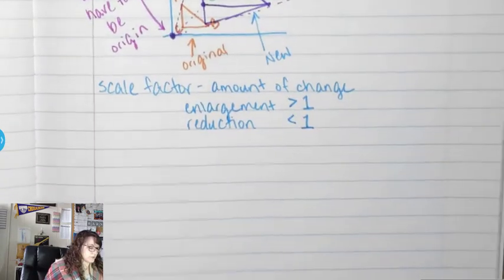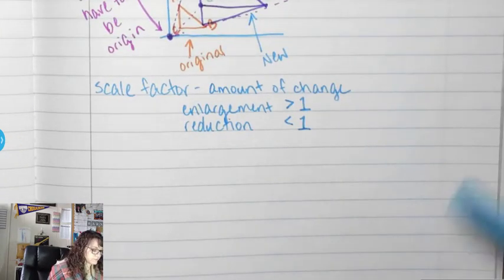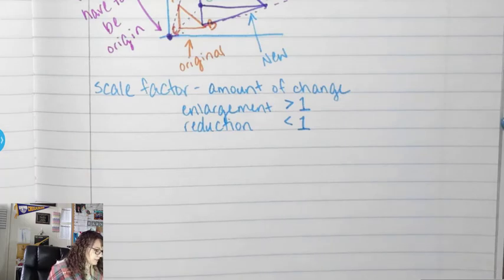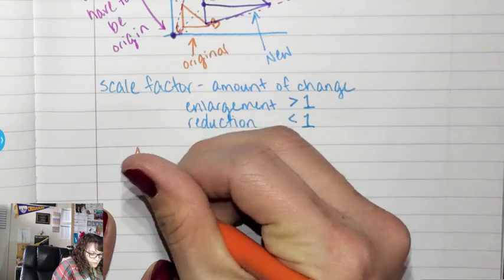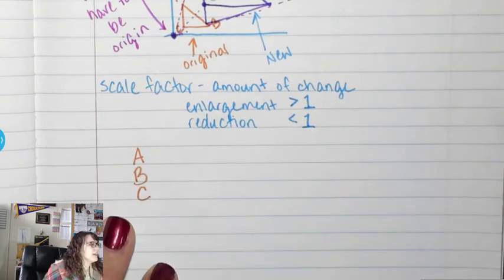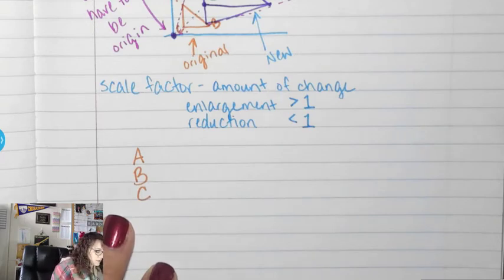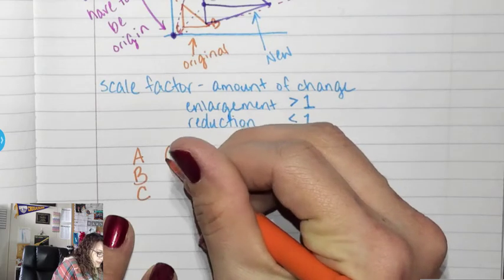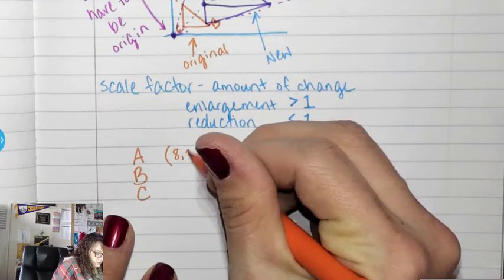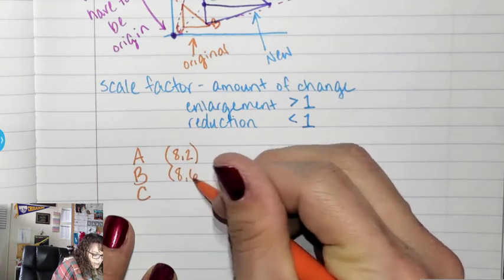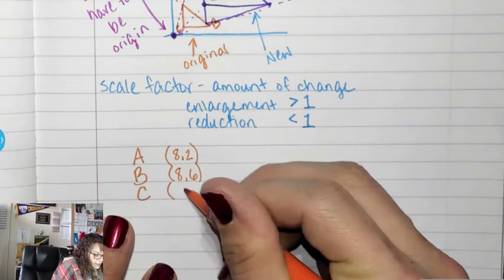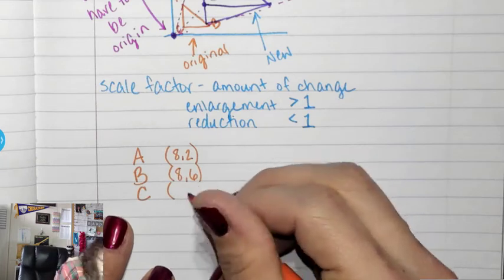Now, for the actual number part, because it's there, but it's not that crazy. If you have triangle A, B, C, and this is where dilations and similar figures kind of differ, because they're going to give you coordinates for things. So if point A is at 8, 2, point B is at 8, 6, point C is at 2, 4.